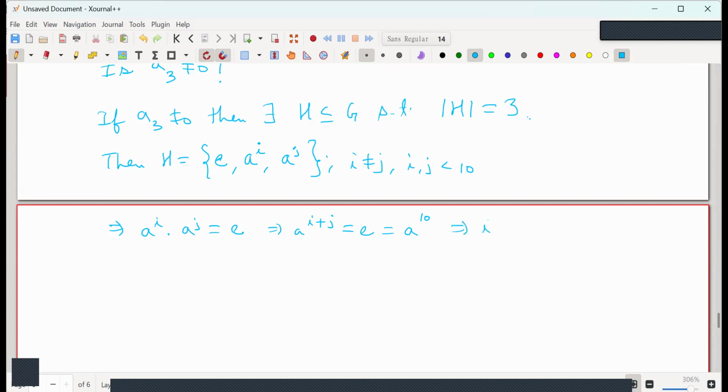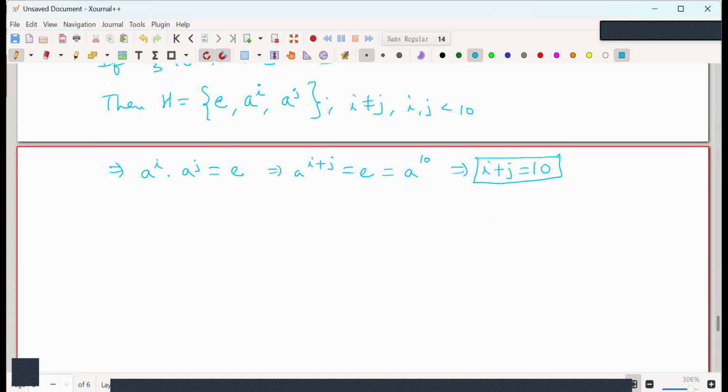That means i plus j has to be 10. You agree with this? Yes, sir. But what does this mean? j is the inverse of i, right? This means a^i is a raised to minus j. From here you are getting this.